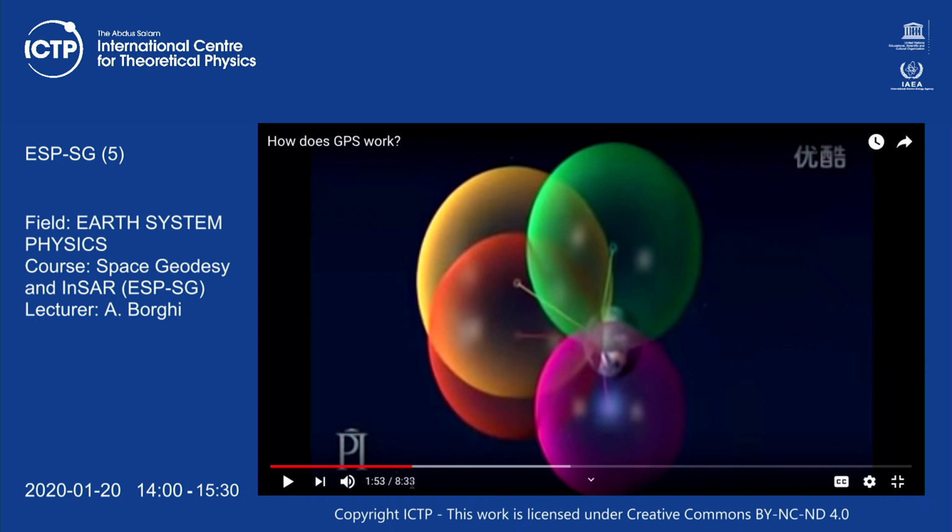So we can draw a circle, another circle, and probably these circles cross each other at two points. So we have to define another point and so on. In this case, we have to add another condition due to the error. Okay, it's another way to say it.